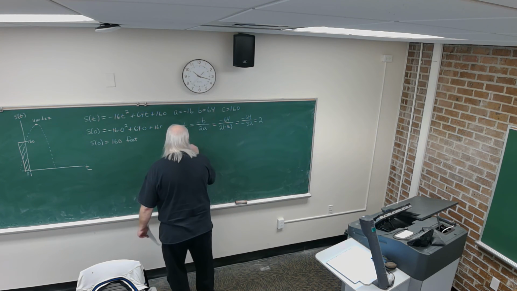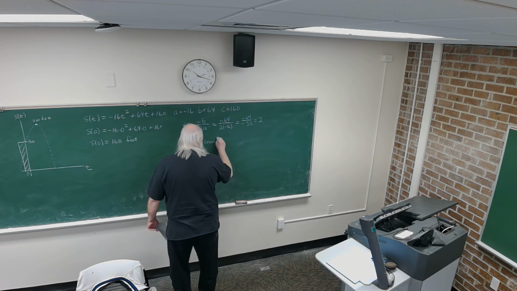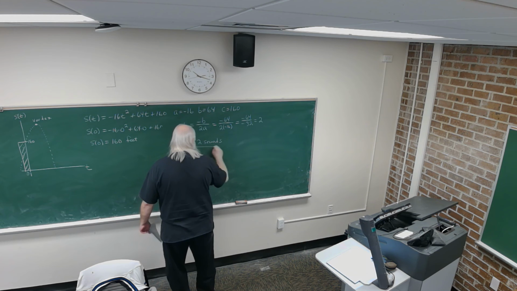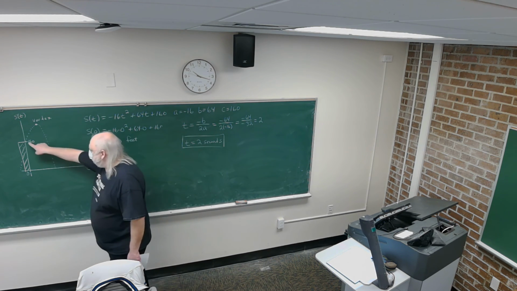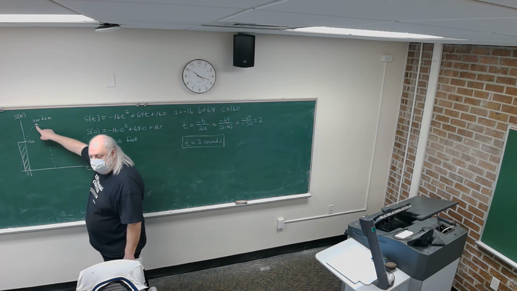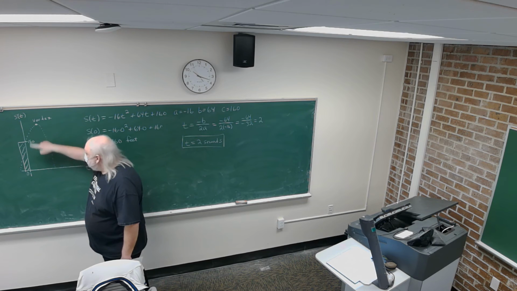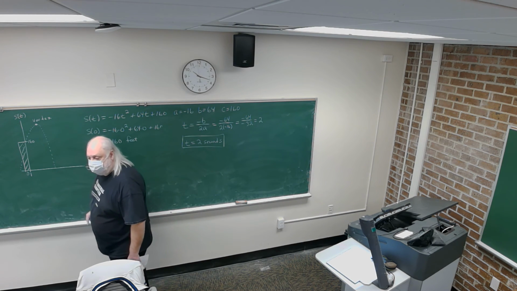So t equals 2 seconds. Two seconds after the ball is thrown up into the air, it reaches its maximum height. And we got that by calculating the first coordinate of the vertex.